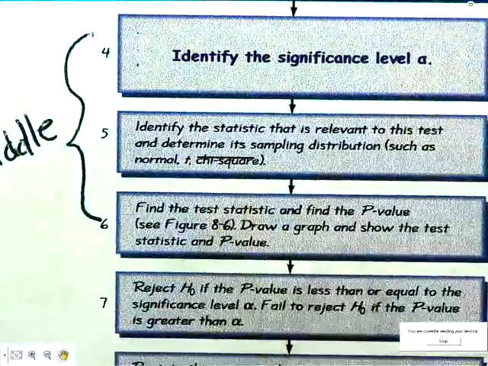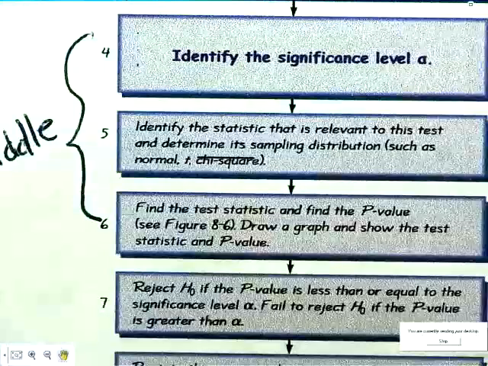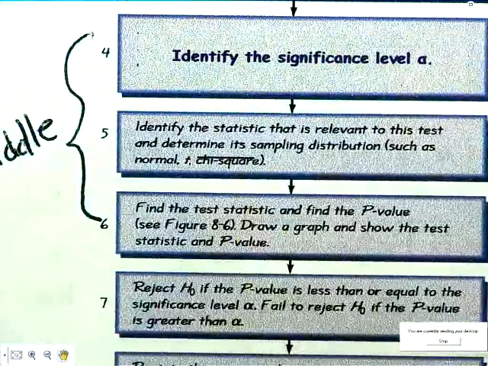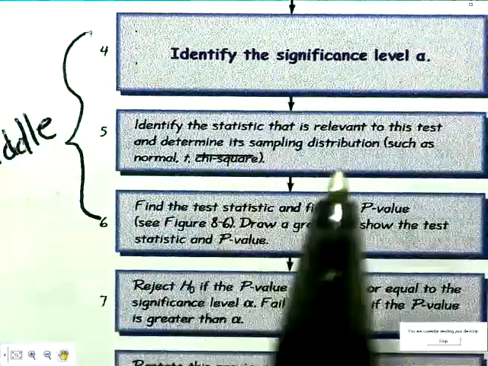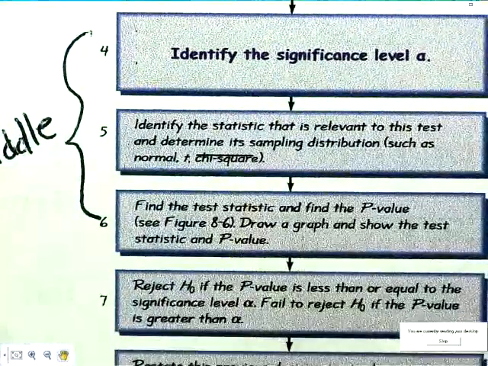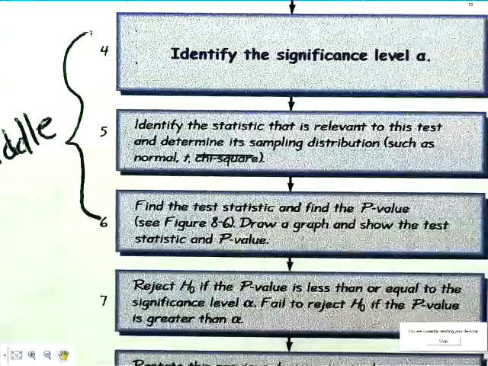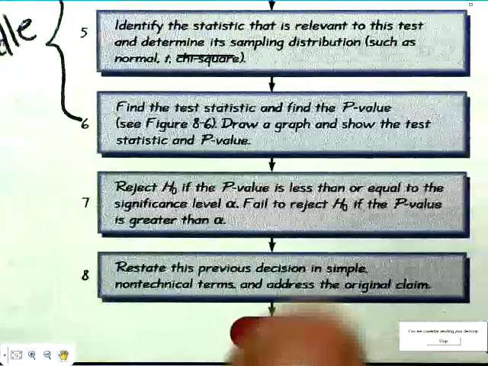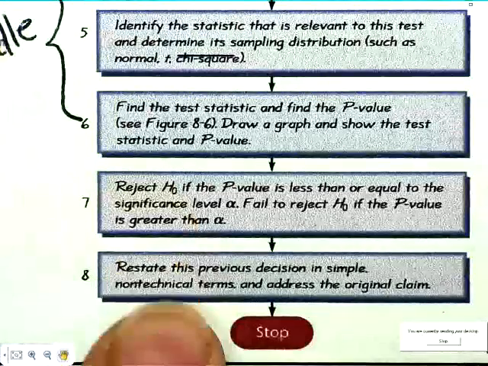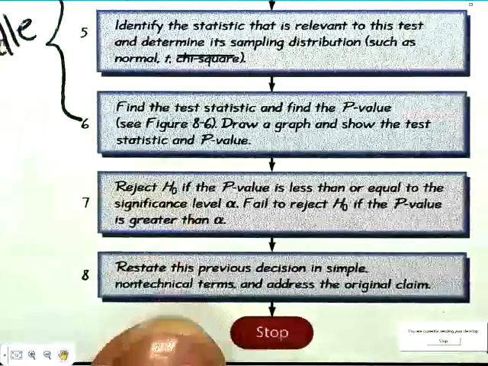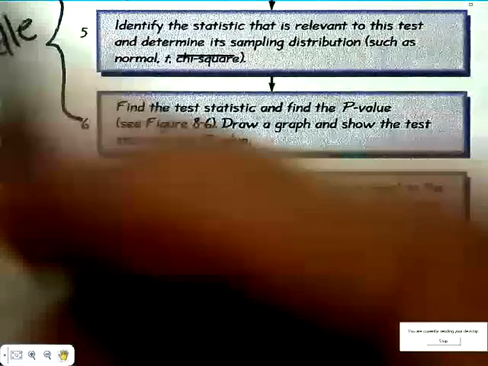So you're just going to have to identify the z-value and the p-value from the calculator screen. And then you're going to compare that p-value to the significance level and make the conclusion either reject or fail to reject the null. And then the last step is say what that means about the claim. So steps 7 and 8 are the end.